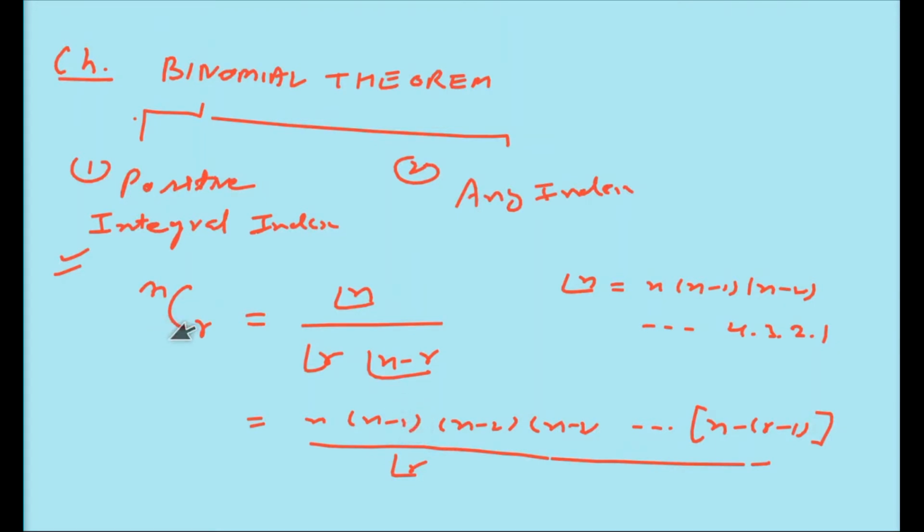So the meaning of this is that from n different objects you have to select r different objects using this formula. If you don't know this formula in detail, you should learn it in the chapter permutation and combination. Okay, next.